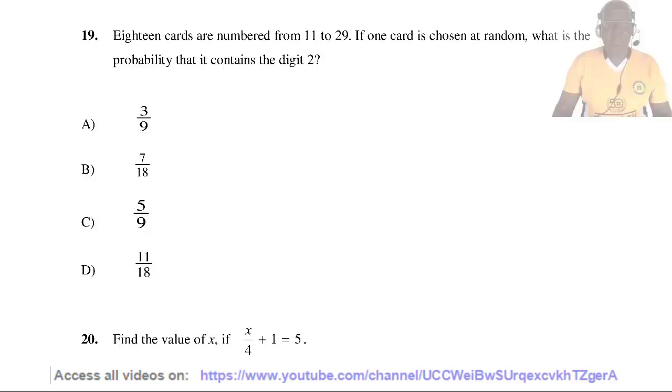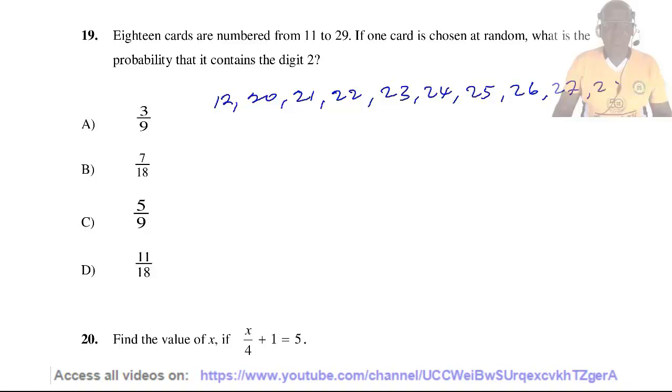The cards containing the digit 2 will be 12, 20, 21, 22, 23, 24, 25, 26, 27, 28, and then 29. They are 1, 2, 3, 4, 5, 6, 7, 8, 9, 10, 11. So in all there are 18 cards. So the probability is going to be 11 divided by 18. So the answer is D.